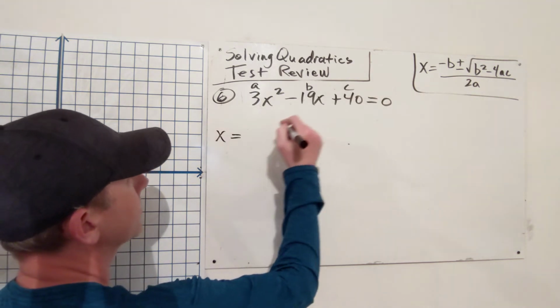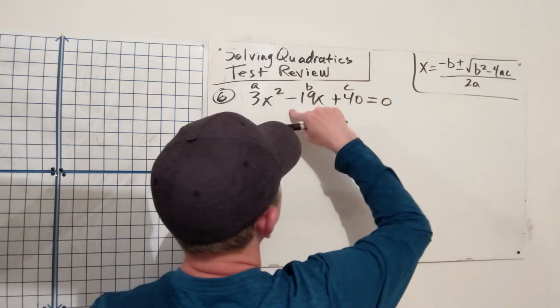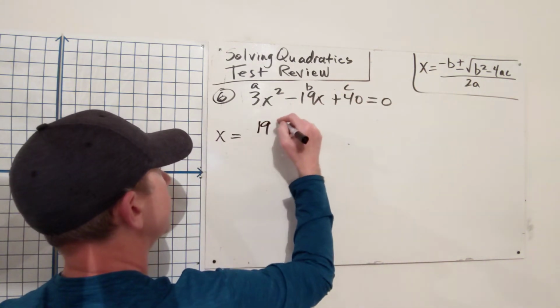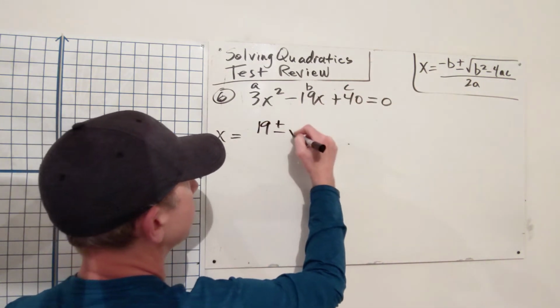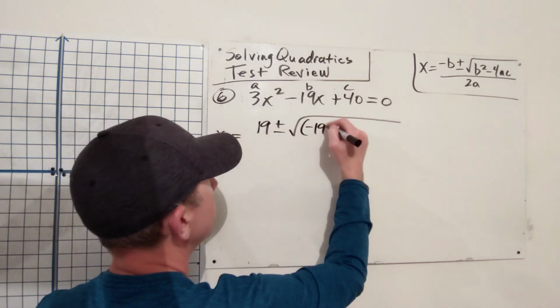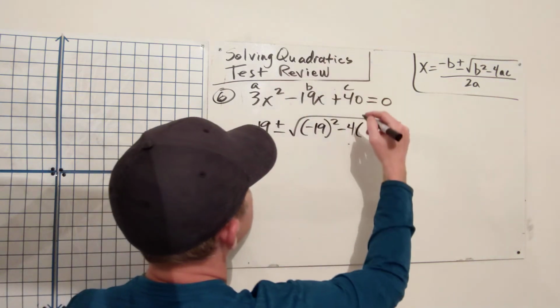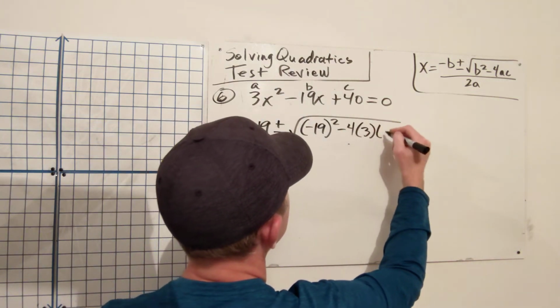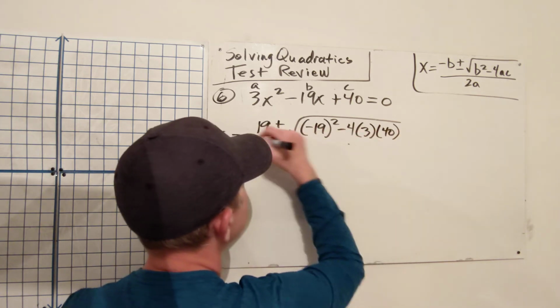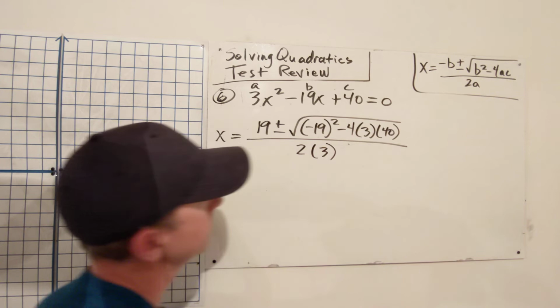So x equals, I like to call it the opposite of b because negative 19 is a positive 19. So essentially it's always going to be the opposite sign from whatever it is here. And then b squared minus 4a times c. So 3 times 40, that whole thing over 2a, which is 3.